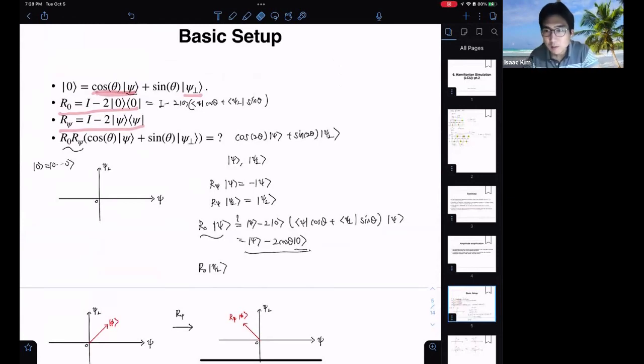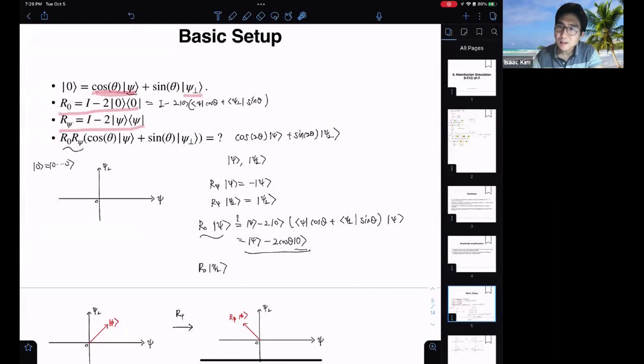I think the math is still correct, but what is important is that if you apply this composition, it rotates things in this two-dimensional subspace. Actually, that is not quite right. I'm thinking maybe I have exchanged sine theta and cosine theta.